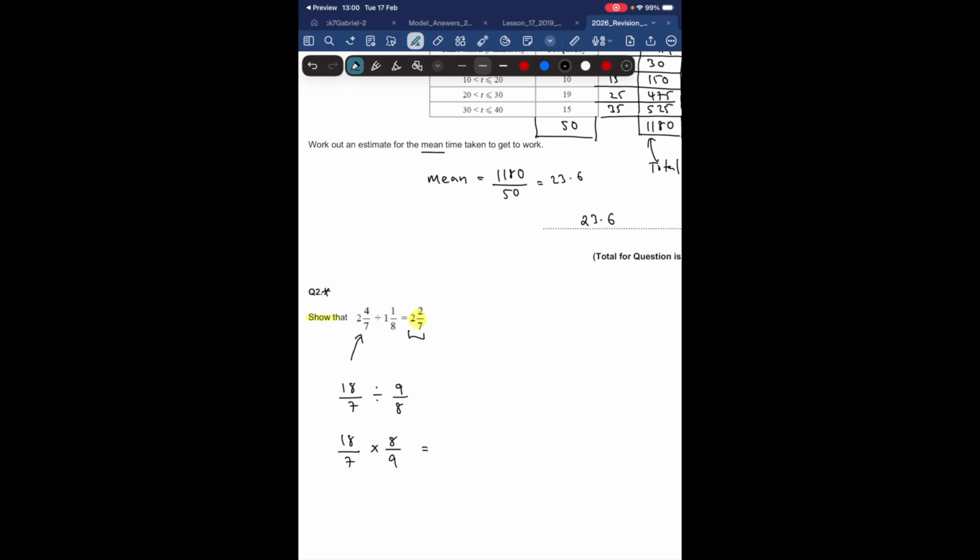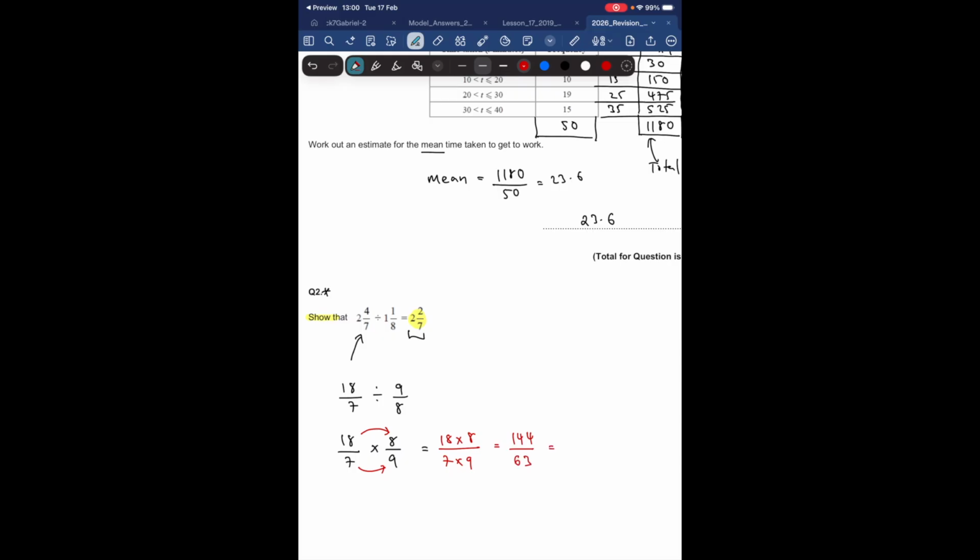And you need to show the next bit of working. When you multiply fractions, you multiply straight across. So numerator to numerator, 18 times 8 over 7 times 9. You need to show this stage in the working. Equals, we can do it on a calculator, 18 times 8 will give us 144, over 7 times 9, which gives us 63.